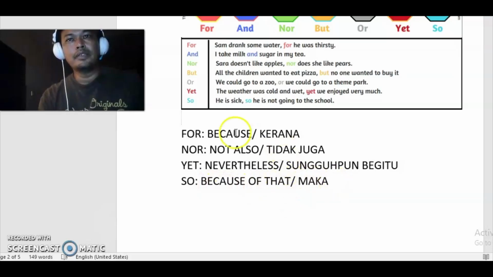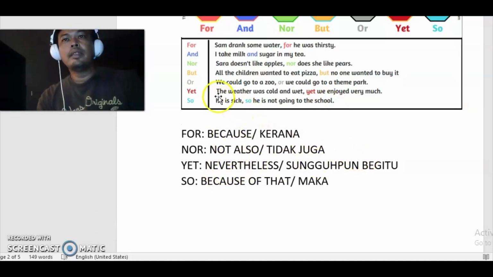Maka. For example, he is sick, so he is not going to school. He is sick, maka he is not going to school. Yet, sungguh pun begitu. The weather was cold and wet, sungguh pun begitu, we enjoyed it very much.